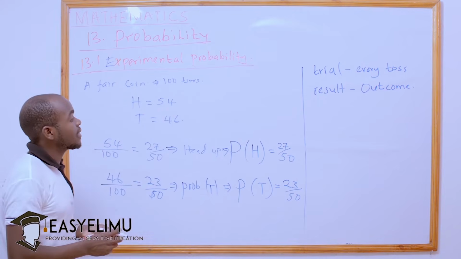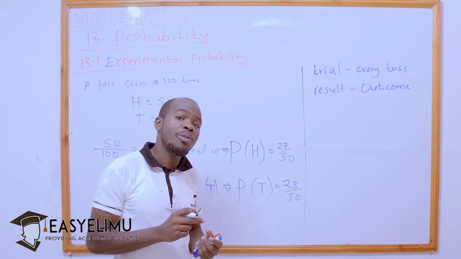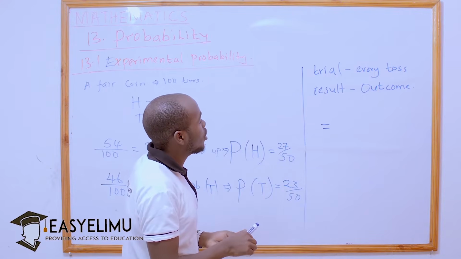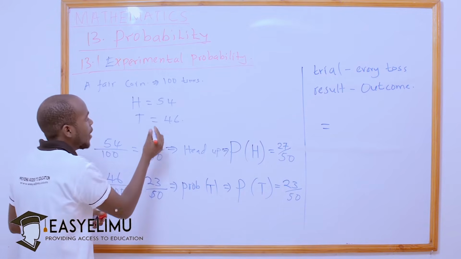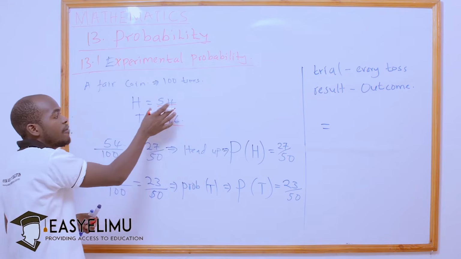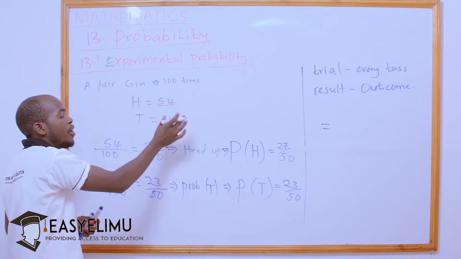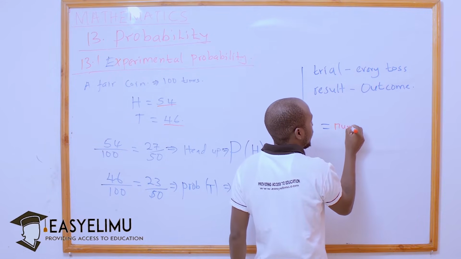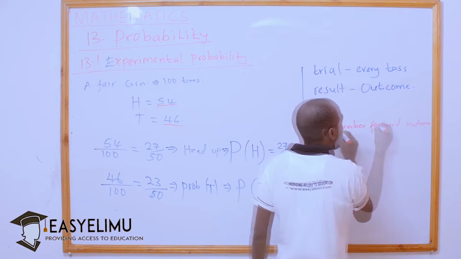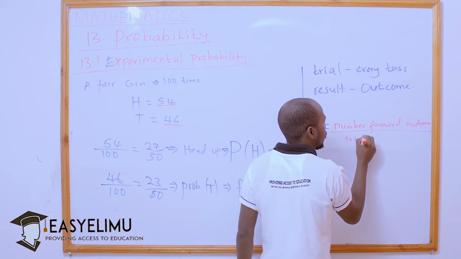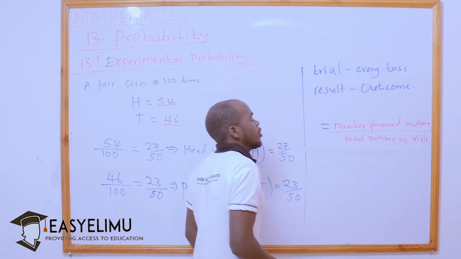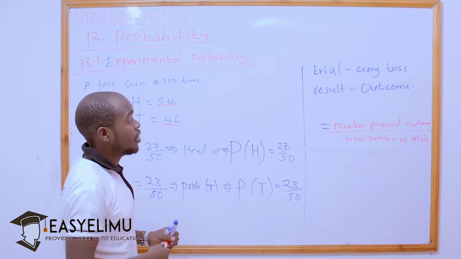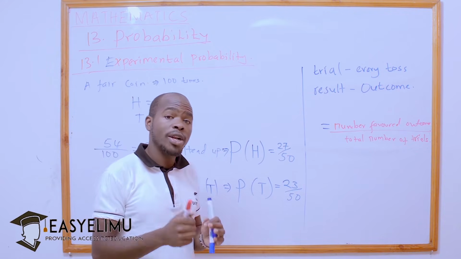So in general, to find experimental probability, we take the number of favored outcomes, which for our case was 54 for head and 46 for tail, over the total number of trials, or the total number of tosses.